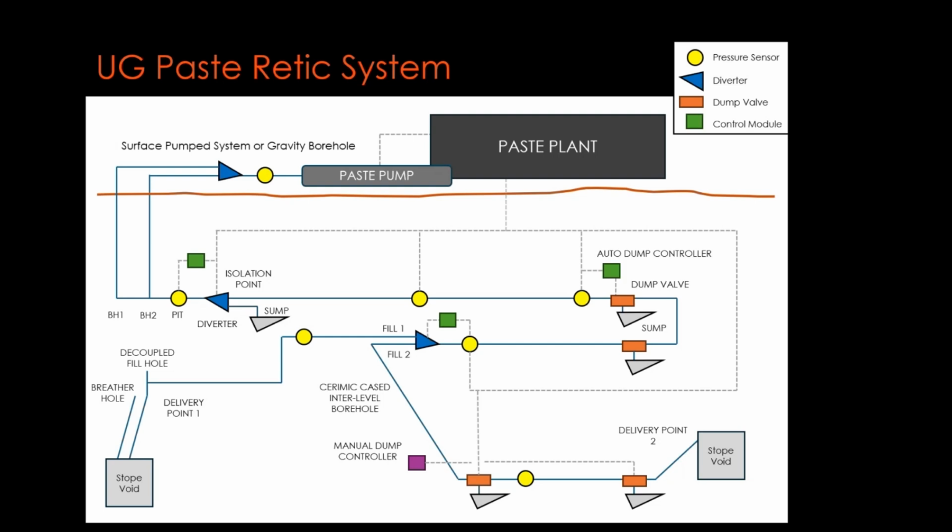We have a pressure sensor at the bottom of the boreholes in the underground workings, diverters and sumps, several downstream underground pressure sensors, dump valves, and some interlevel boreholes, and some stope delivery point dump valves.